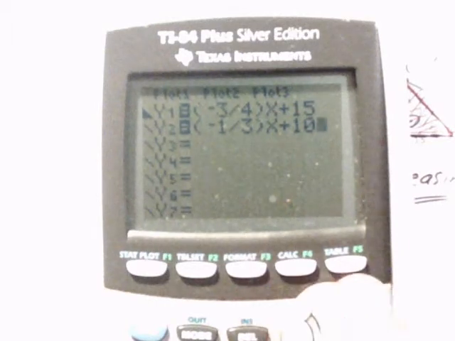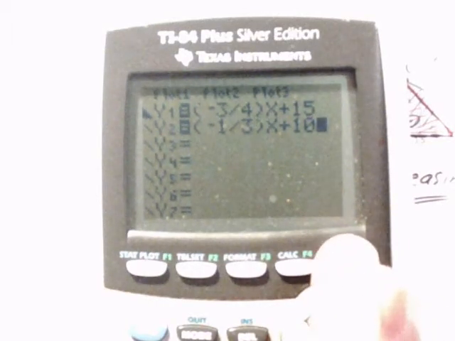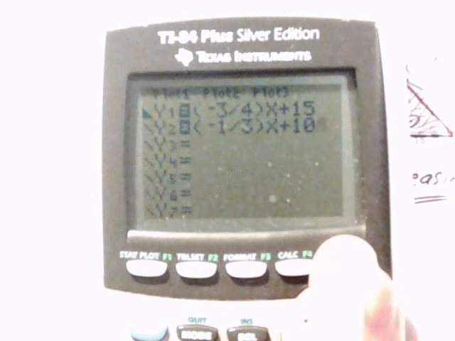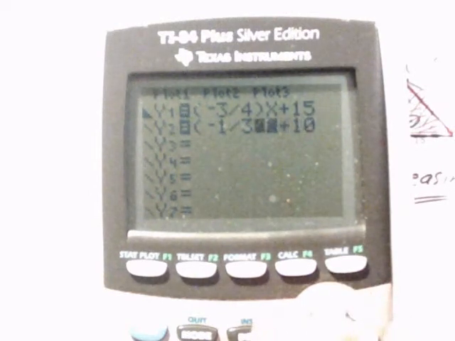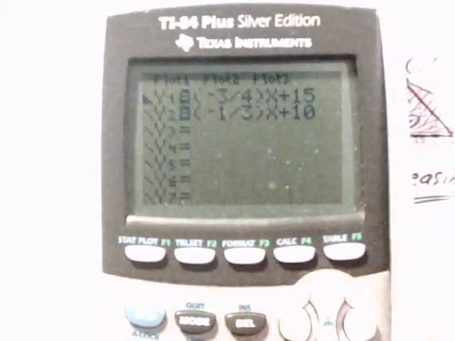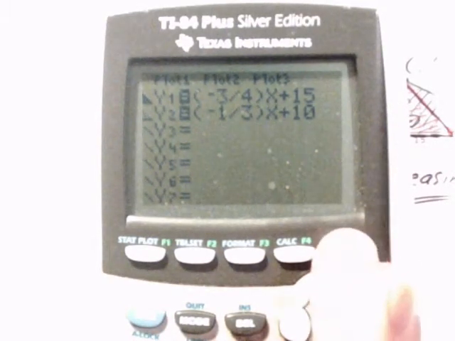And then I think I'm going to just say go ahead and graph it for the standard thing. So I haven't chosen what inequality I want. I want less than or equal to as well, both of them, you see. So then say graph.